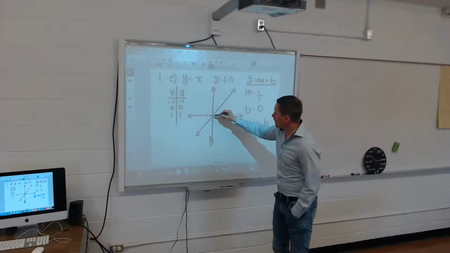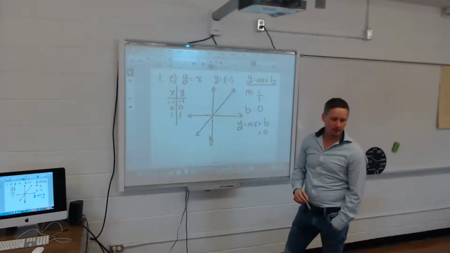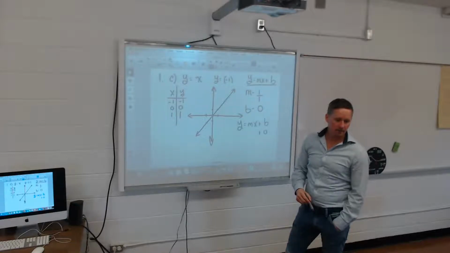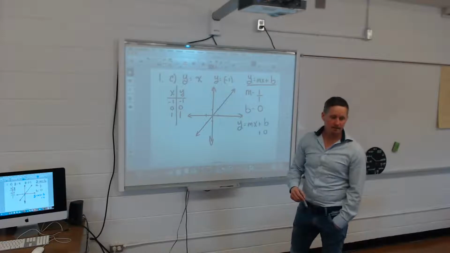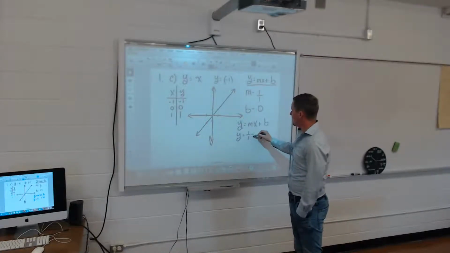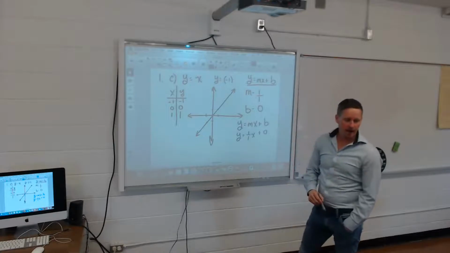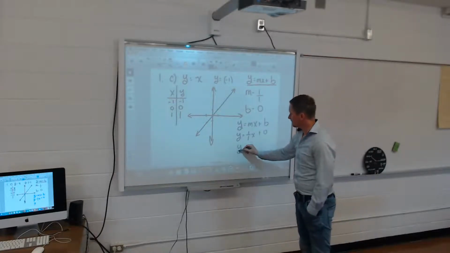And then how do I go from this coordinate to this coordinate? 1 up and 1 to the right. So I get y equals 1 over 1x for that graph, right? So far, so good?